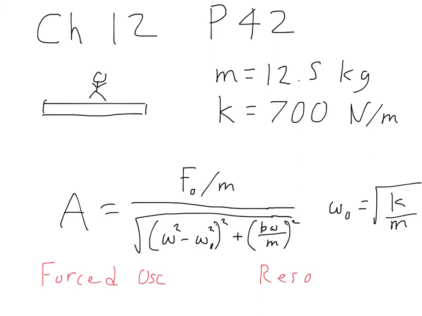So in that case then, for part A of this problem, we're trying to find what's going to be the best frequency for this. So we realize if we have angular frequency here equal to the natural angular frequency we're set. But we need a conversion, because the problem asks for frequency as opposed to angular frequency.